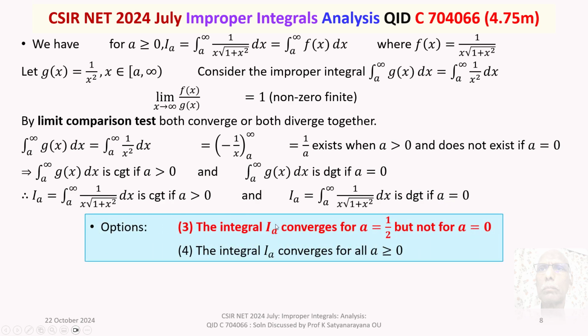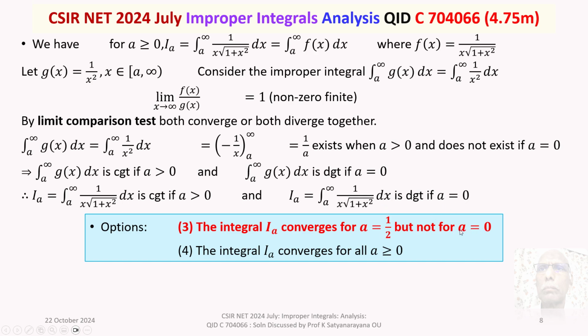Let's now call on our options. Option 3 says the integral I of a converges for a is equal to 1 by 2. Yes, it is convergent for a greater than 0. For all a greater than 0, a is 1 by 2 is greater than 0, so it is convergent. But for a is equal to 0, it is divergent.